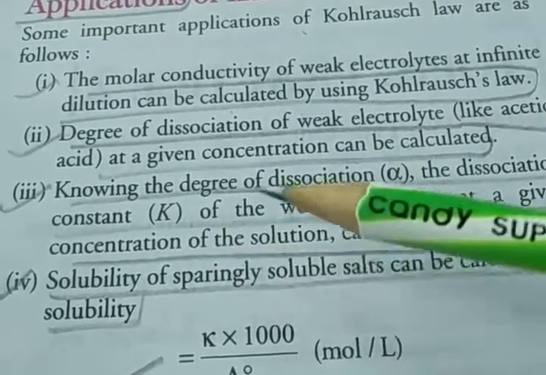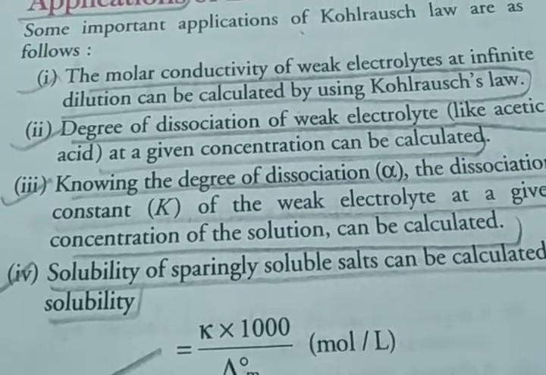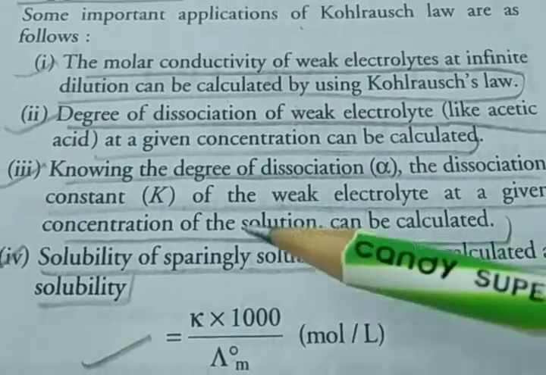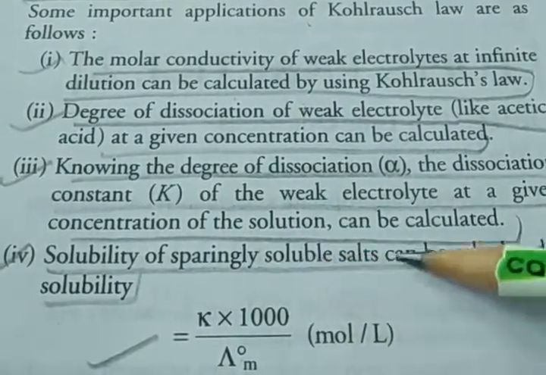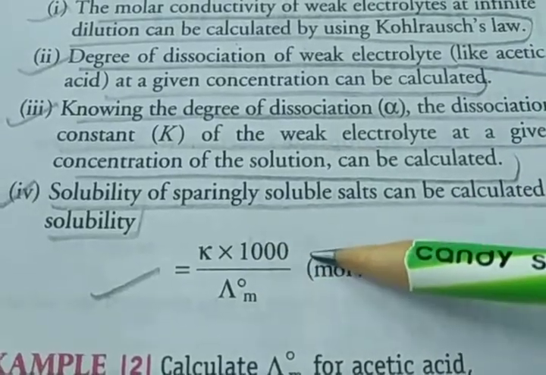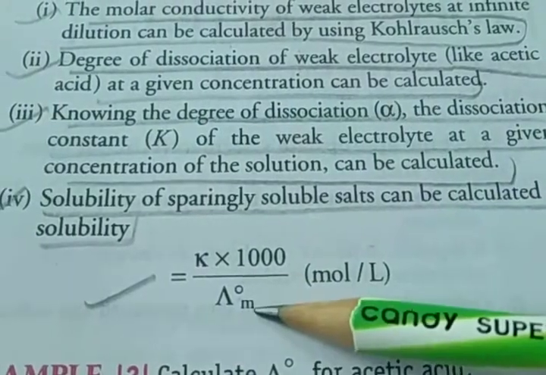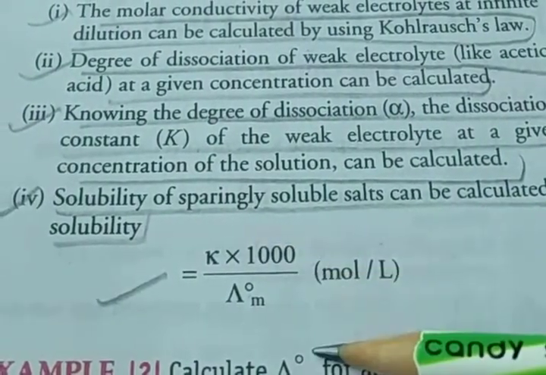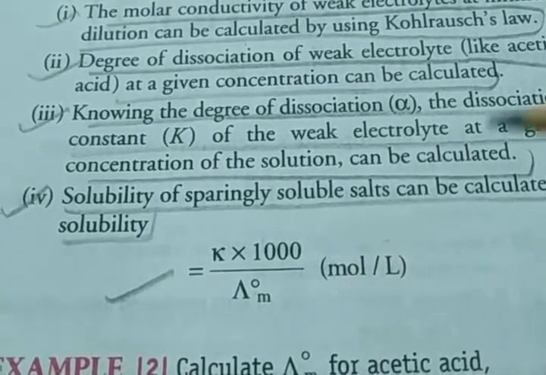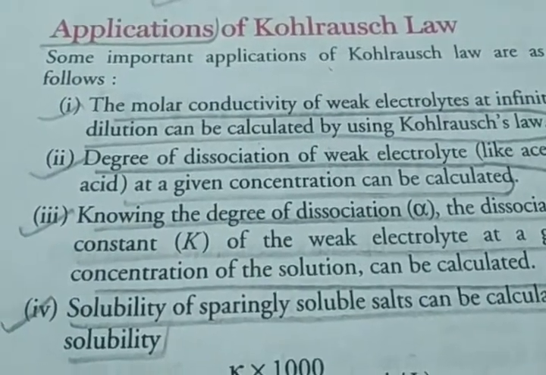Third, knowing the degree of dissociation, that is alpha, the dissociation constant K of the weak electrolyte at a given concentration of the solution can be calculated. Then fourth, the solubility of sparingly soluble salts can be calculated as solubility is equal to kappa into 1000 upon limiting molar conductivity. So this is the fourth application of Kohlrausch law.